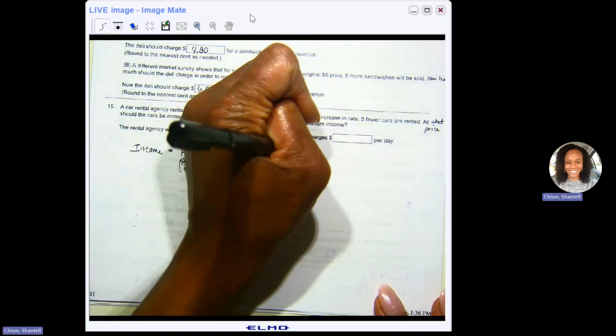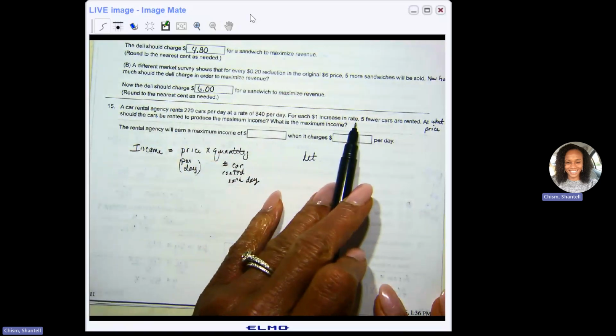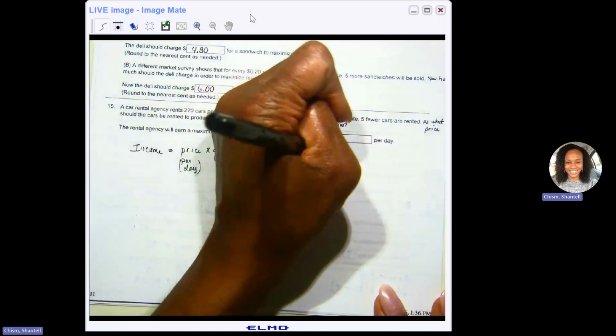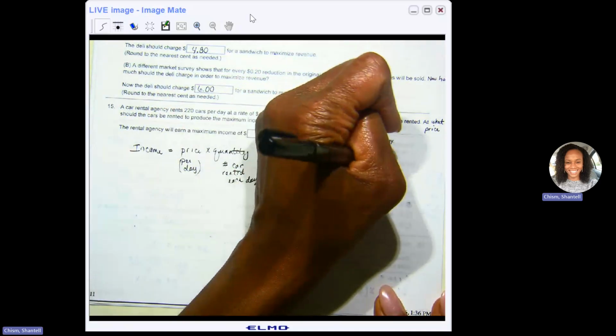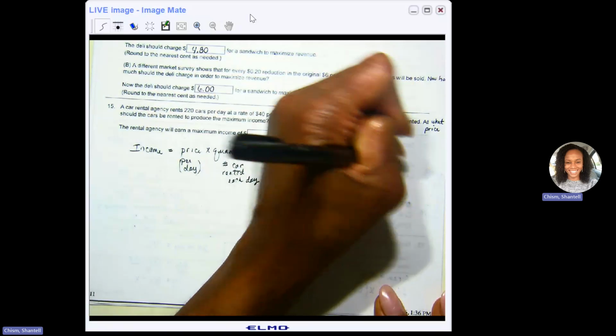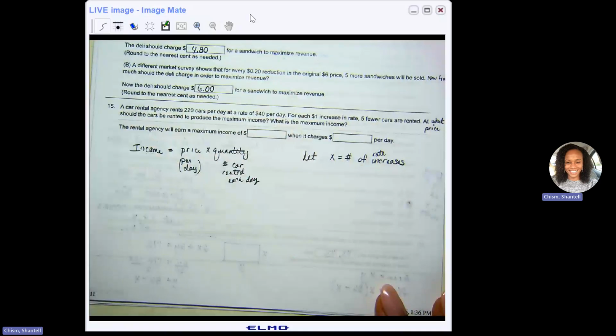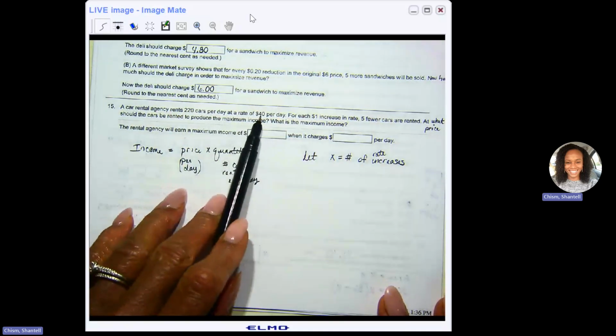Okay. So let's let X equal the number of increases in rate. This statement right here says for each $1 increase in rate, 5 fewer cars are rented. So let's let X equal the number of rate increases. What I want to do is find a new price equation, given that the price per day is 40 to start with.